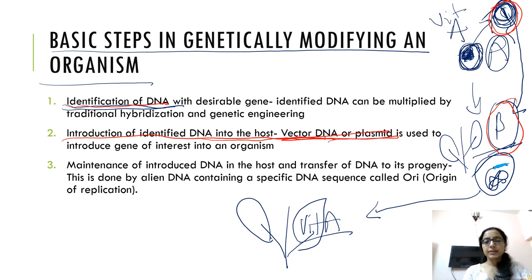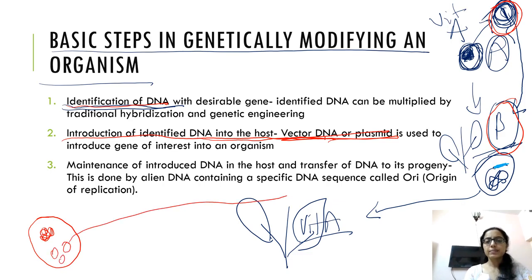Now what is vector DNA or plasmid? Some of the organisms, along with their nucleus, contain circular DNA. These are called plasmids. These plasmids don't have a particular function, but they are responsible for specific characteristics.